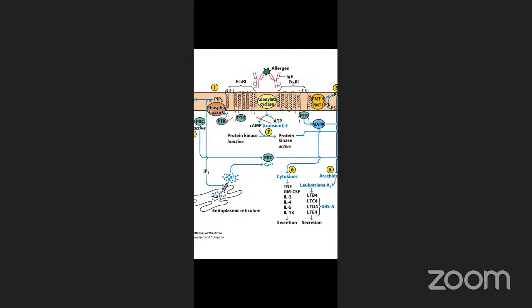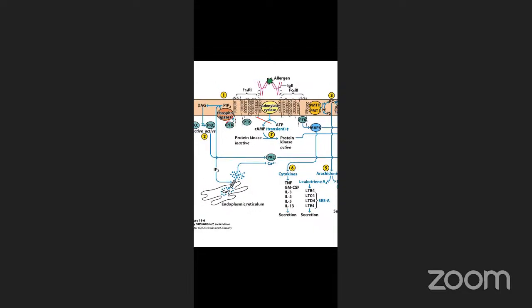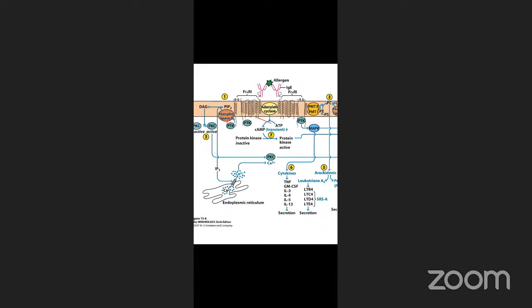If you have an idea about the cell signaling process, this is all cell signaling. Don't bother about the definitions, this is not for you, but I am explaining this one.